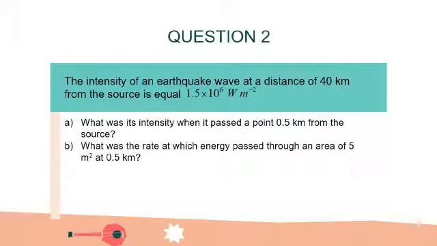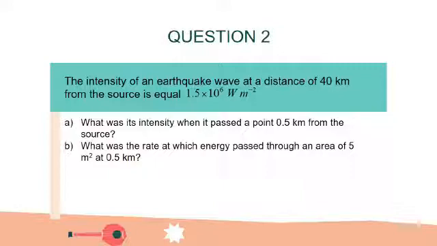Now, we move to question number 2. The intensity of an earthquake wave at a distance of 40 km from the source is equal to 1.5 times 10 to the power of 6 watt per meter square.